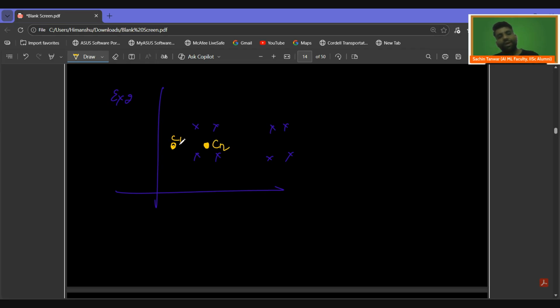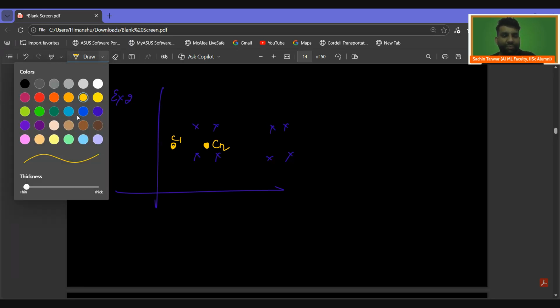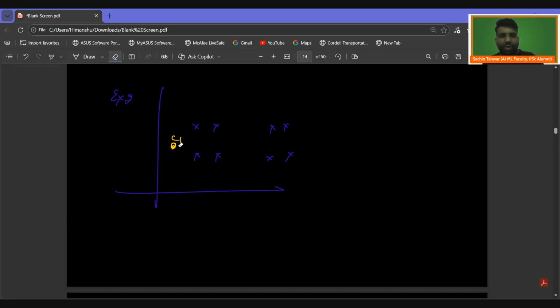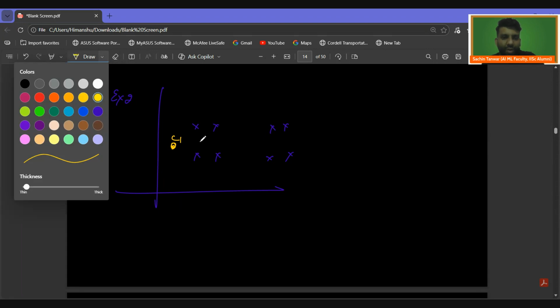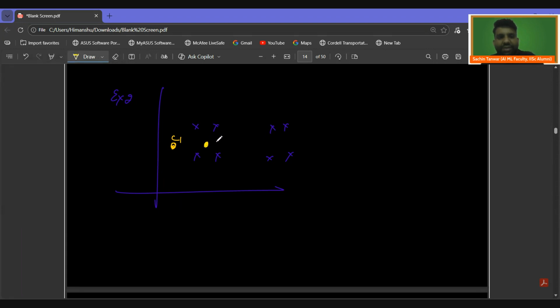Now what would happen is, let me bring up this possibility as well. Let me remove this. Let me say exactly the middle of these, exactly the middle over here, is the C2 cluster center. Let's suppose we are just initializing.